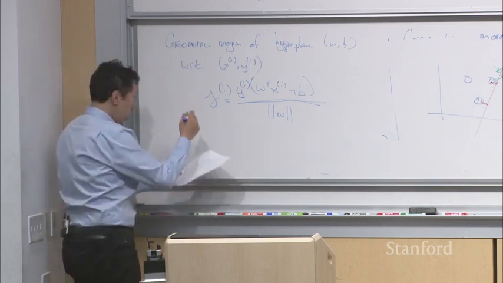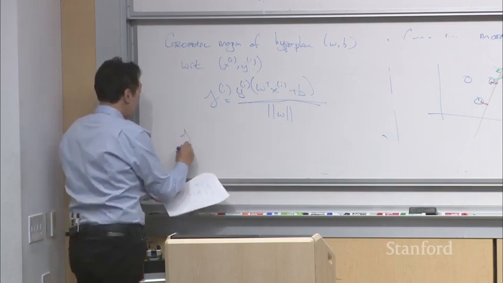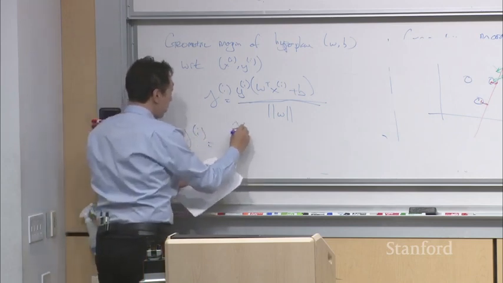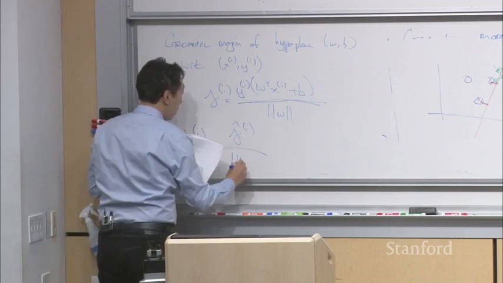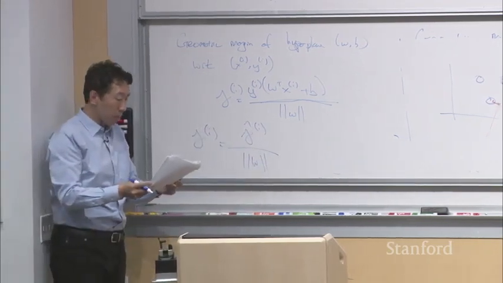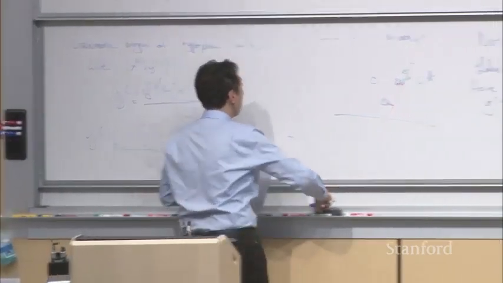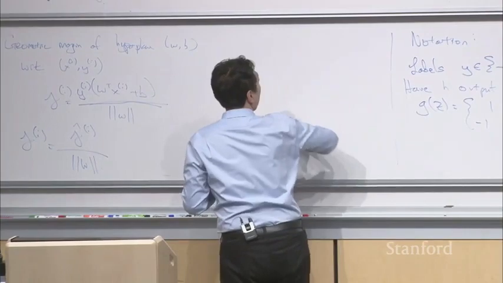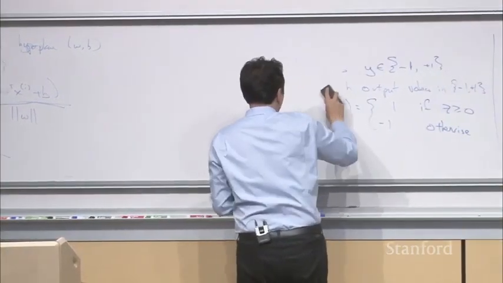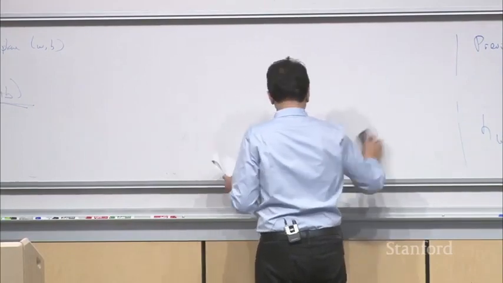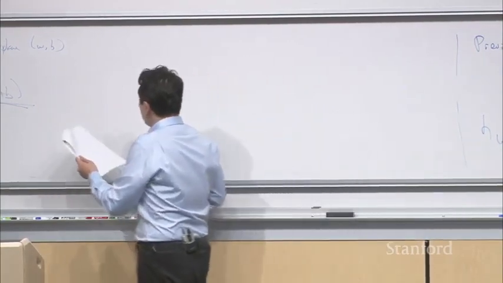And so the relationship between the geometric margin and the functional margin is that the geometric margin is equal to the functional margin divided by the norm of W.